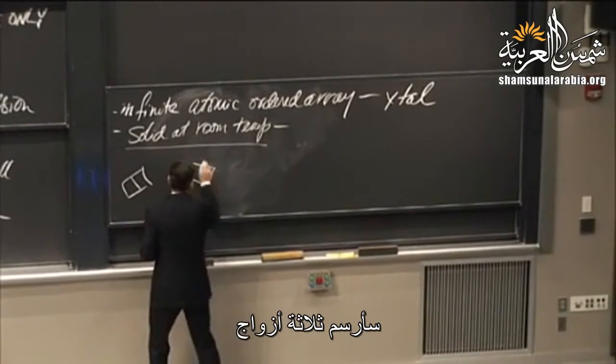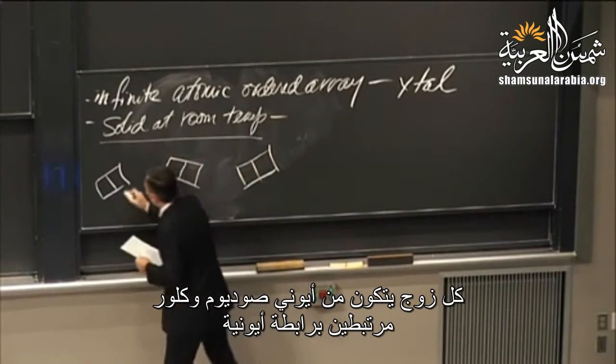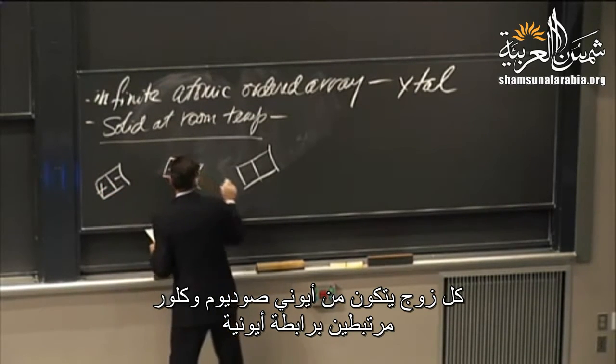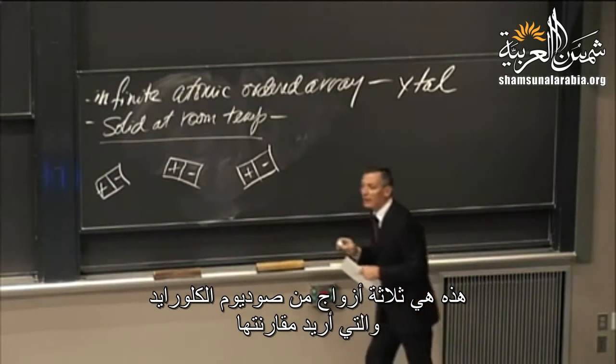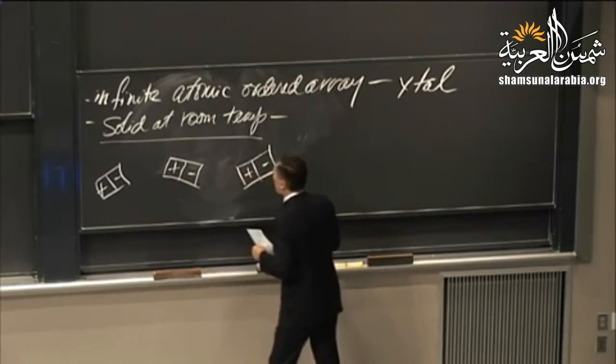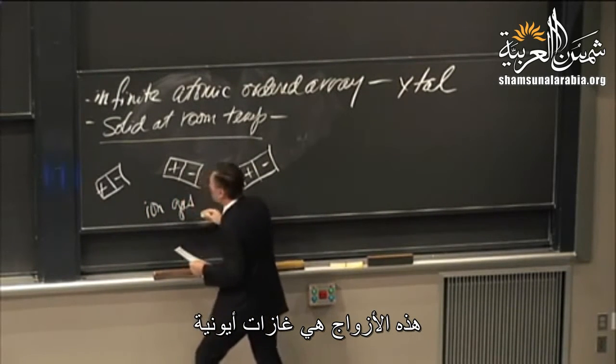We're going to take three ion pairs of sodium chloride. So here's 3 ion pairs of sodium chloride. And I want to compare these 3 ion pairs. So this is an ion gas. This is an ion gas.